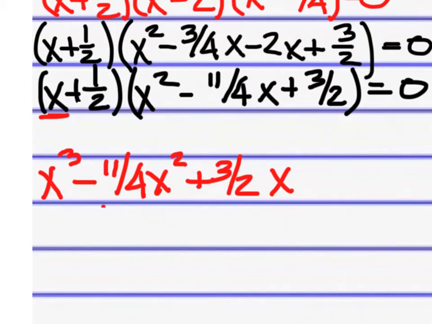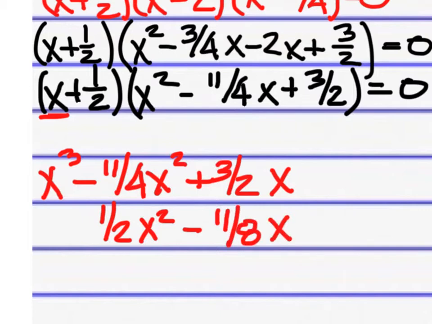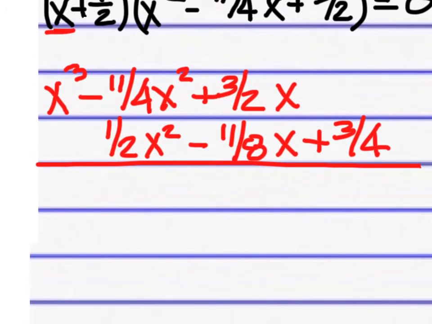So that would give us 1/2 x squared, and then minus 1/2 times a negative 11 over 4 is the same thing as a negative 11 over 8. And that's x. And then we have 1/2 times 3/2, which would be 3/4. Simplify.